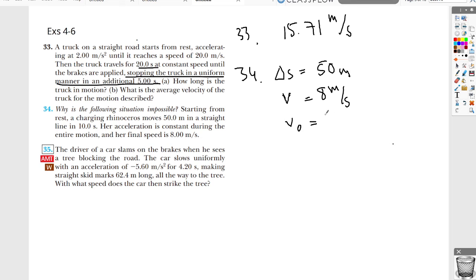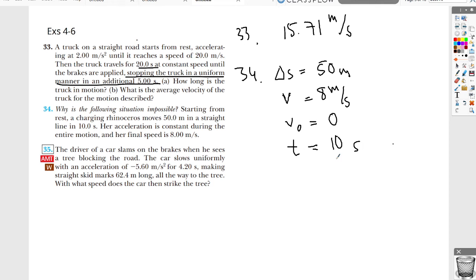V initial is 0, and our time is 10 seconds. We have all four quantities, but we have to disprove why the acceleration is constant.